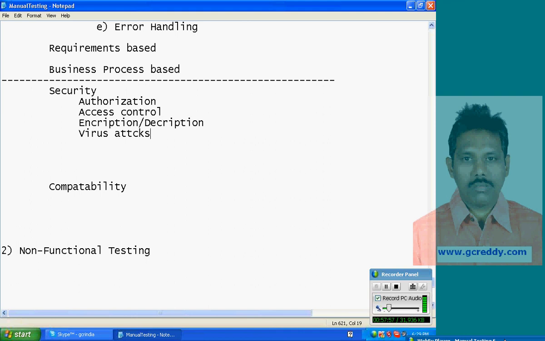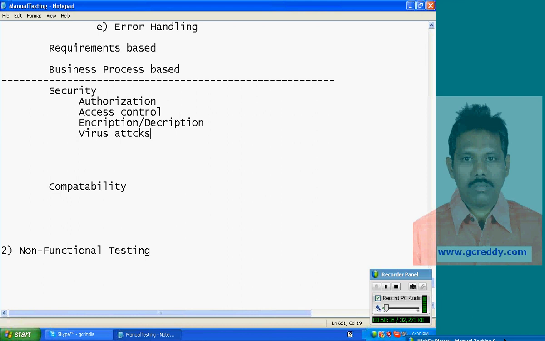See, the first one is authorization. What is authorization? System means application. It has to accept valid users only and prevent invalid users. Suppose I have a valid user ID and password, it has to accept. Suppose I don't have a valid user ID and password, it has to reject. Authorization means the system has to accept valid users and prevent invalid users.